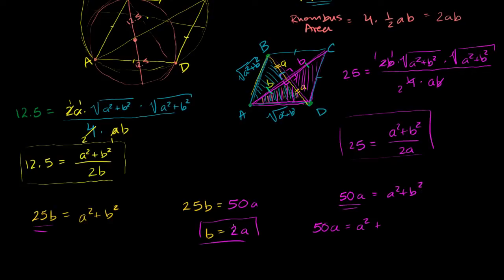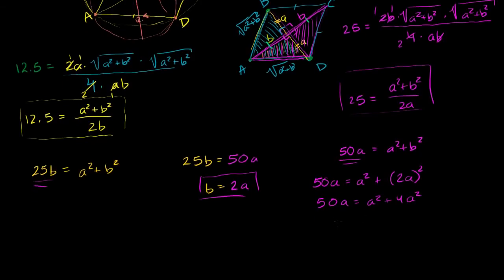Instead of writing b squared, we know b is the same thing as 2a. So let's write 2a squared. So we get 50a is equal to a squared plus 4a squared. Or we get 50a is equal to 5a squared.